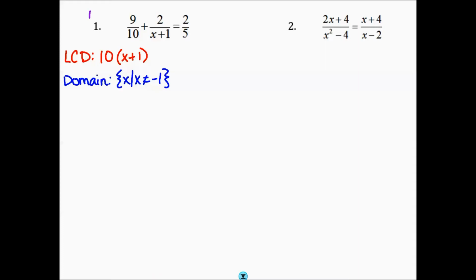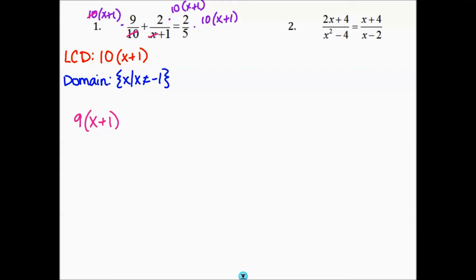So I need to multiply each fraction by the LCD. Then we cancel. So in the first fraction, the 10s cancel, and we're left with 9 times x plus 1.